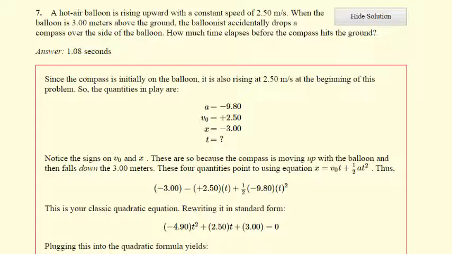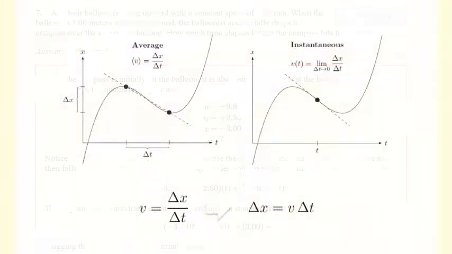It says constant velocity equals 2.50 meters per second. Constant velocity means I get to use this equation, right?